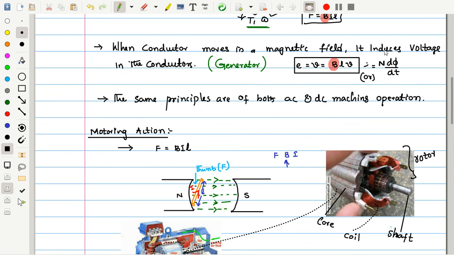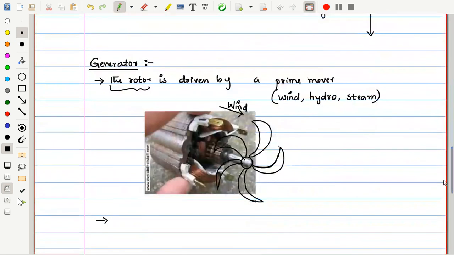It induces a voltage inside the conductor. That means inside this coil there will be an induced voltage.